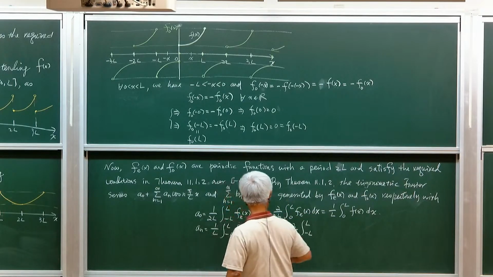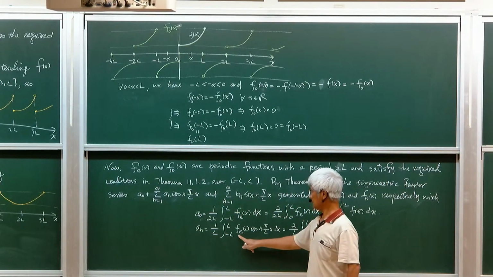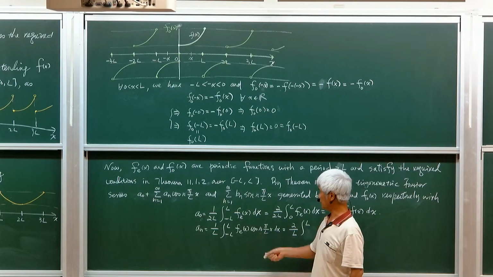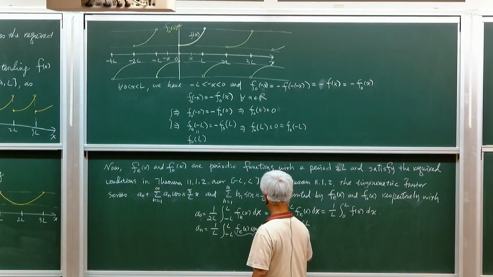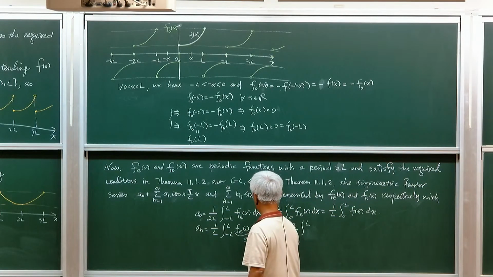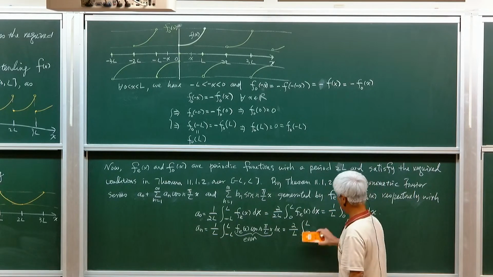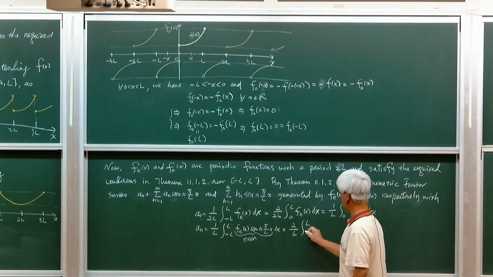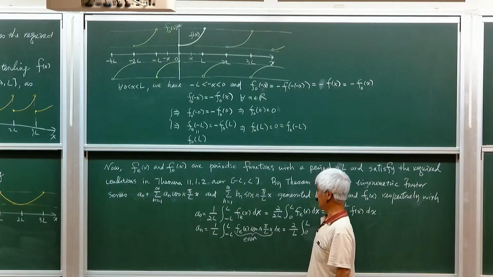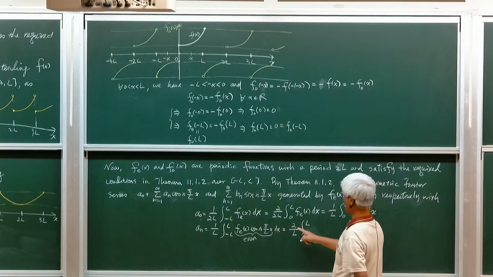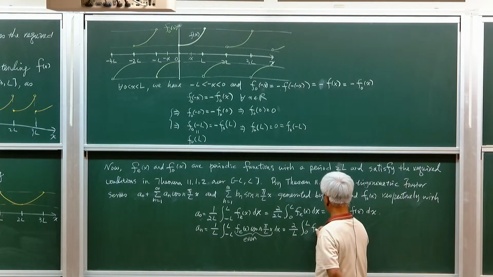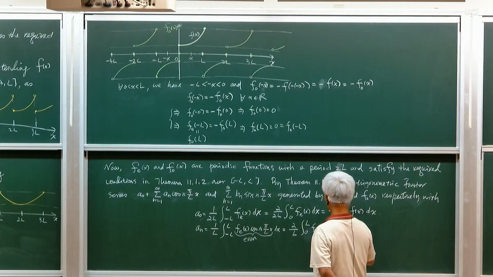Now because f_e is an even function and cosine is also even, the product is an even function again, so you can just integrate over half of the period: (2/L) ∫ from 0 to L of f_e(x) cos(nπx/L) dx.